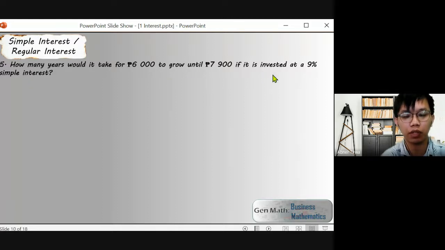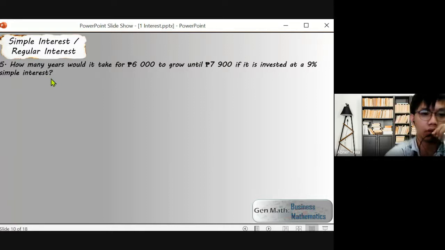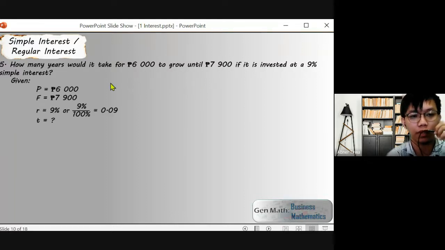If you observe in the previous examples and in this last example, it is identified that the rate of interest is simple. So that is 9% simple interest, except for the one example we have. Okay, and to answer this one, we're going to identify the given. What is being represented by the amount 6,000 pesos?